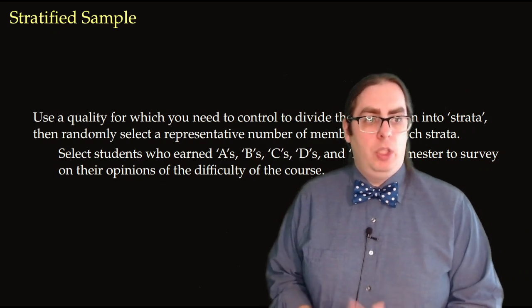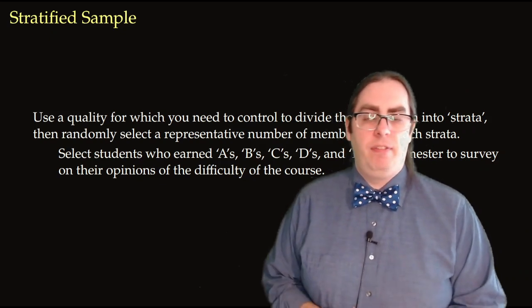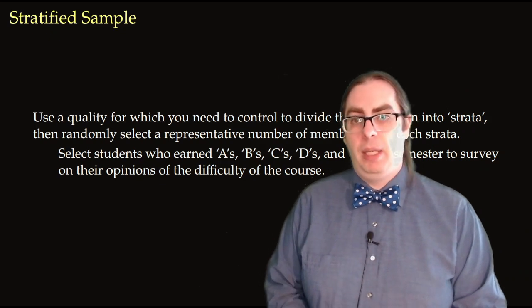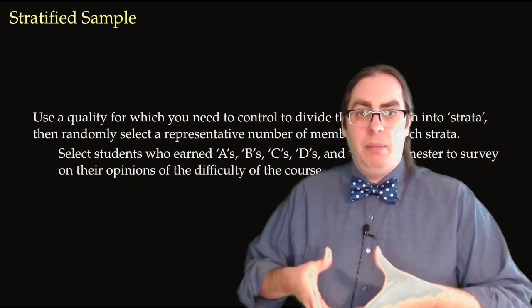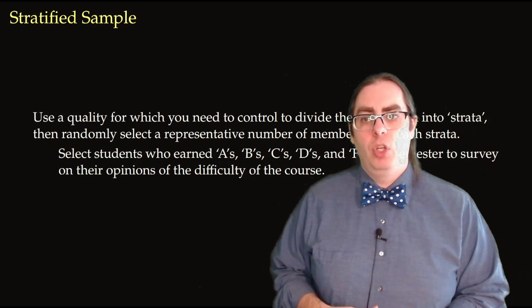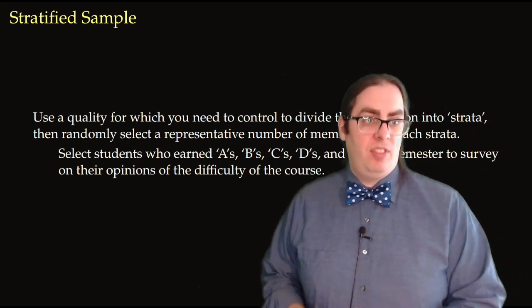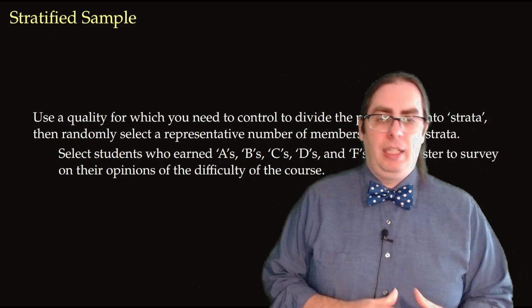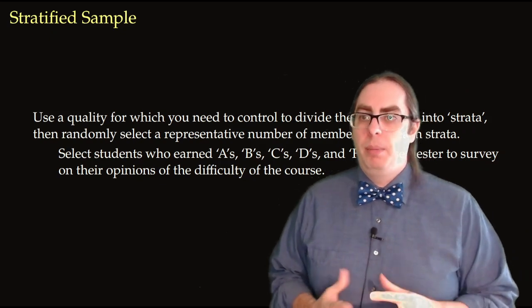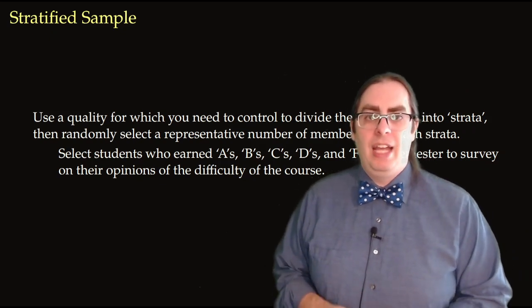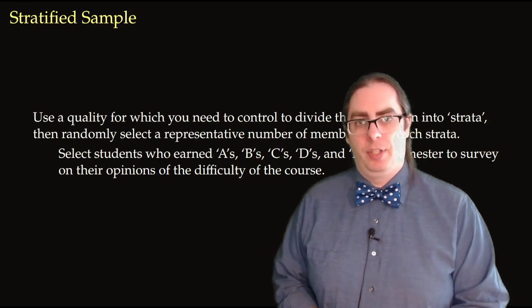One of the things that we know is that if we send out a feedback request near the end of the semester, and we do so in an in-person class, we are going to get a biased sample that is going to be predominantly A, B, and C students, because students who earn Ds and Fs have a tendency to not show up for class.